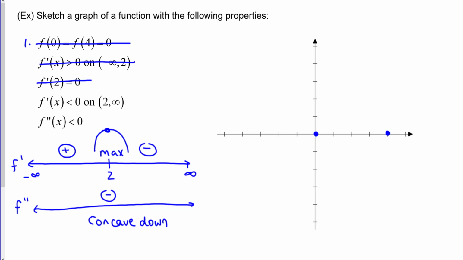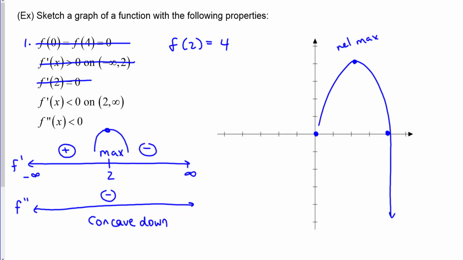Let's suppose here that f of 2 is 4. Okay, so f of 2 being at 4 is this particular point, which is a relative maximum. My curve is entirely concave down, so I know that this is going to look like a parabola. And that's a pretty decent sketch.